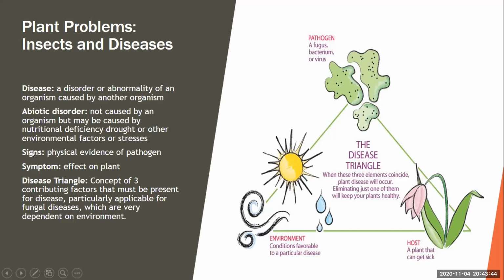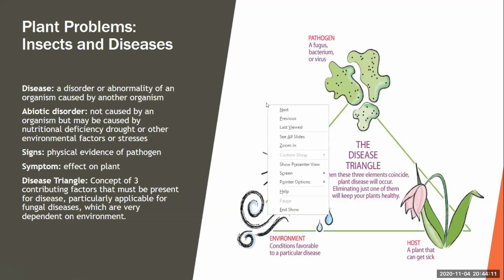The sign is the physical evidence of the pathogen. So you're going to see the whitefly, you're going to see the pupae, you're going to see the larvae. These are signs. Okay, so symptoms are only what you see, but you don't see the insect. You see only the symptoms.